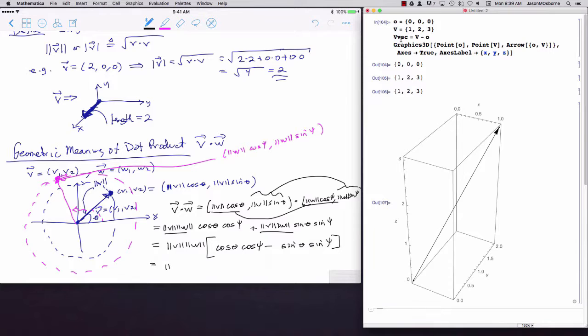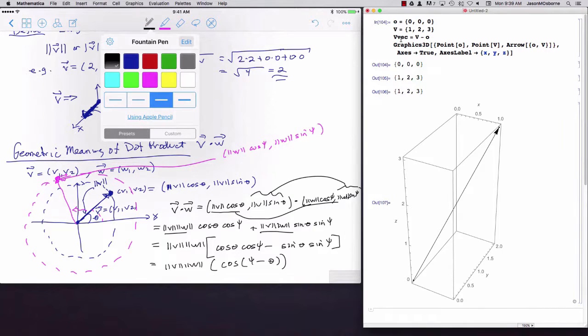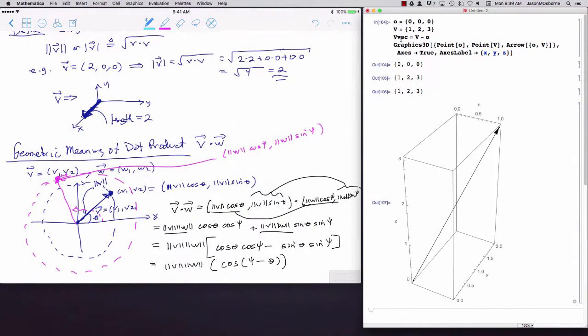And if you remember your trig identities, the thing in square brackets there is the same thing as the cosine of psi minus theta, where psi minus theta is the angle right here between those two vectors.